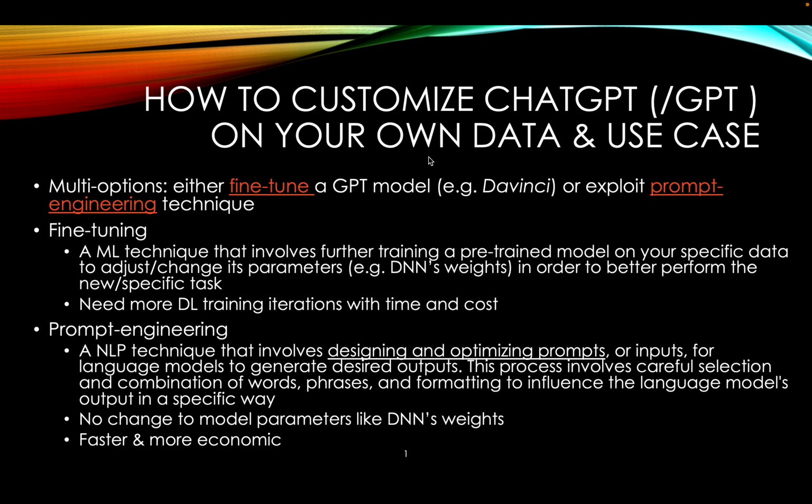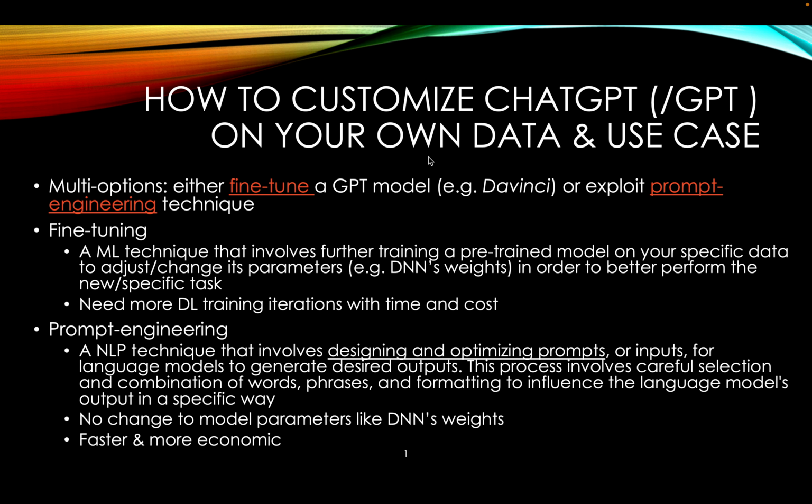So how to customize ChatGPT or GPT in general on your own data and use case? There are multiple options. You can either fine-tune a GPT model like the DaVinci model or explore prompt engineering techniques.